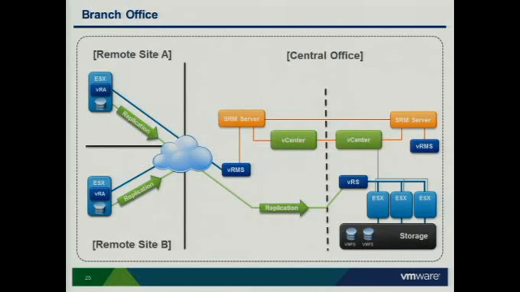So here's the branch office scenario. We took a little bit of a different approach on this one. In the event that you had remote sites that likely have limited resource capacity, where running an SRM, a vCenter, and a VRMS server and consuming all those resources at each of those sites, you might not have the capacity to be able to do that, right?